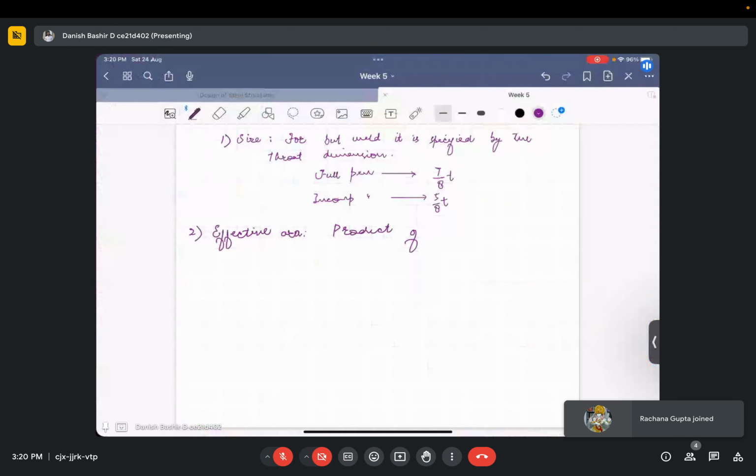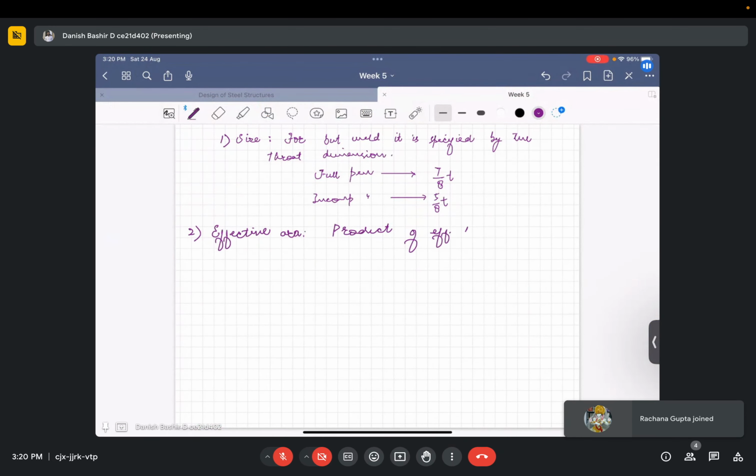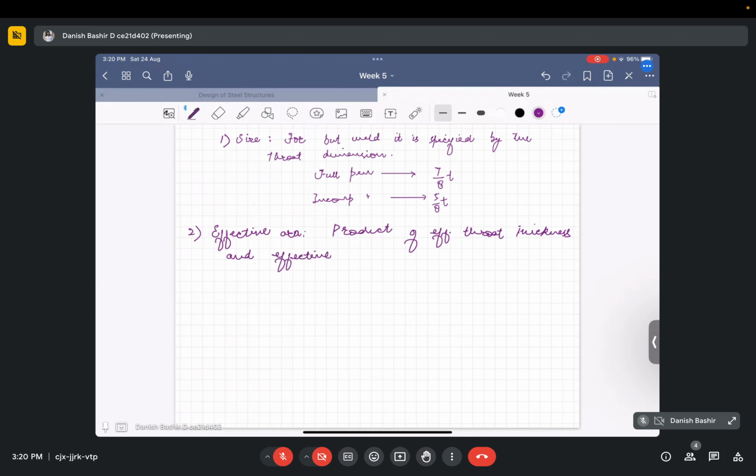And what we mean by this effective length is the length of weld for which welding is done.